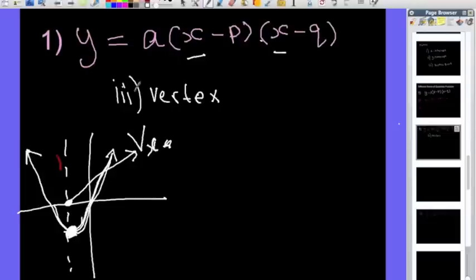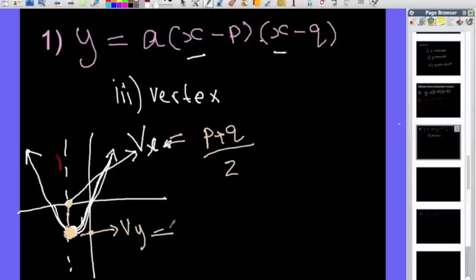If this is the vertex point, this would be the x coordinate of the vertex, and right here would be the y coordinate of the vertex, vy. For vx, we use the formula (p plus q) divided by 2.